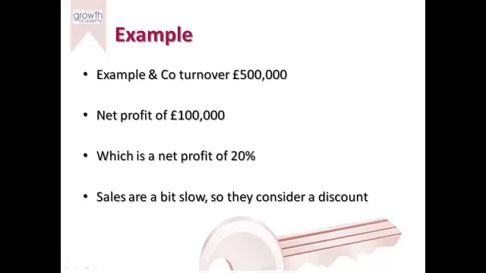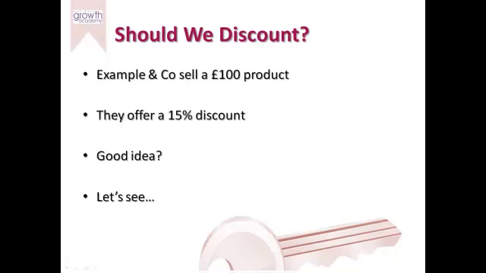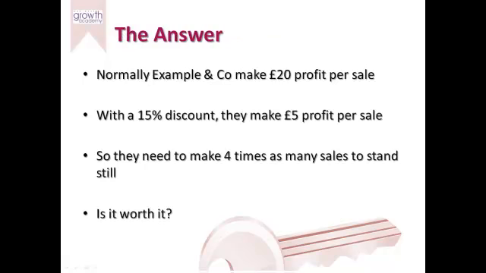So for a company like this, 20% profit, what are they going to do because their sales are slow? Should they discount? Now, to keep it simple, I'm going to say that they sell a product for £100 and they offer a standard 15% discount. Is that a good idea for a business like this? Well, let's have a look. As they normally make £20 profit per sale, that's because they've got a 20% profit margin and they're selling something for £100, so 20% of that £100 is profit, so they're making £20 profit per sale.